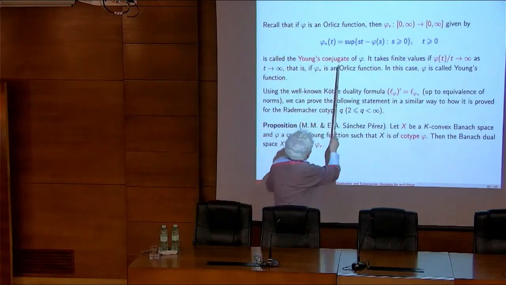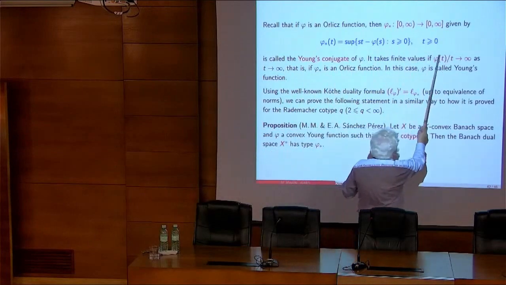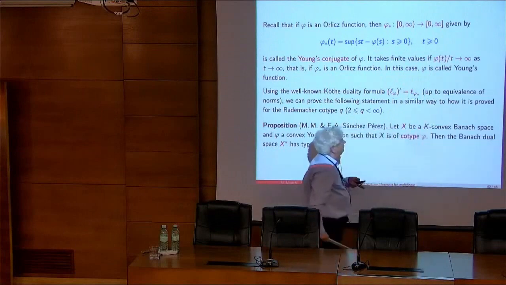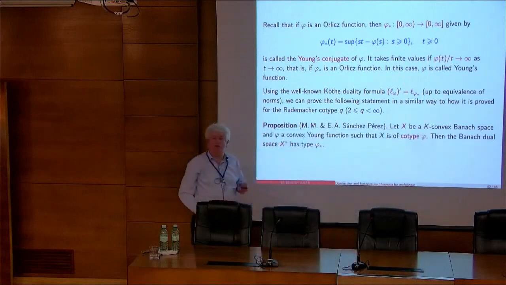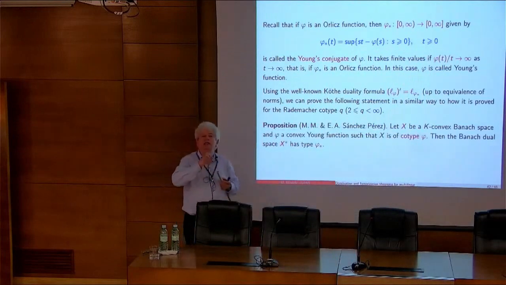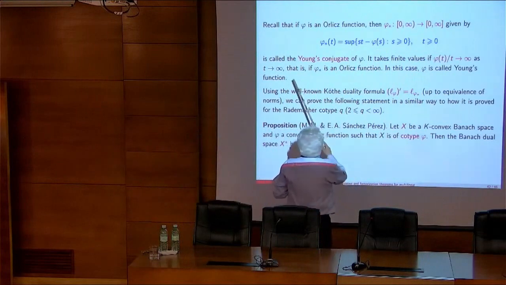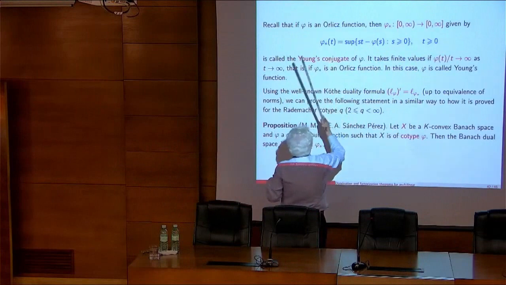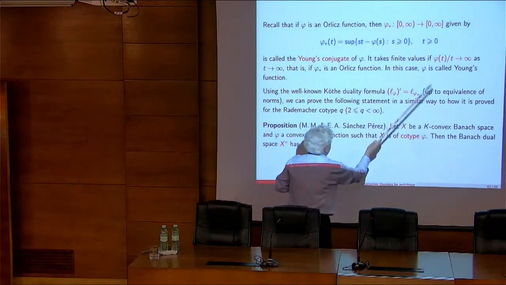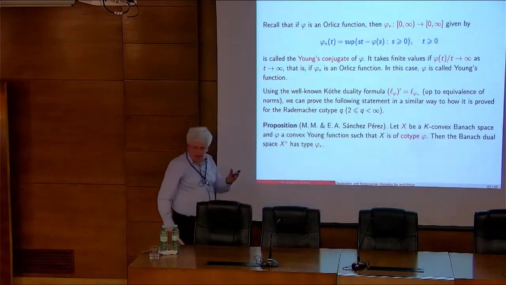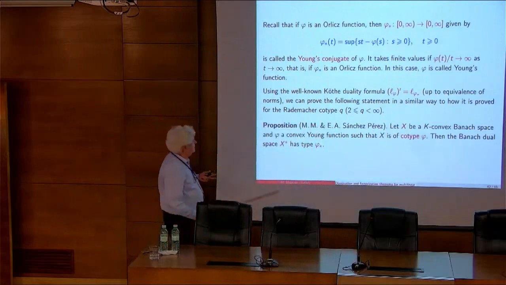The supremum may be infinity, so we assume that if phi is convex, phi of t over t is non-decreasing. Then in this case, this is a finite function. So this is again an Orlicz function: zero at zero, positive, and convex.